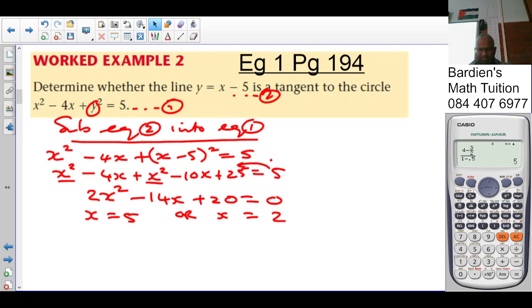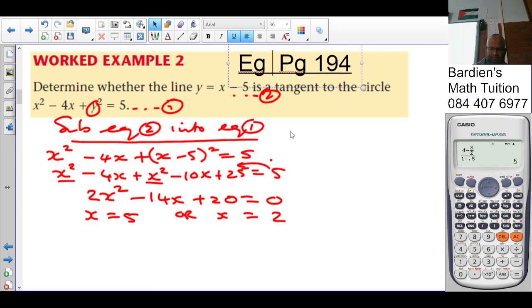Let's look at worked example 3. This is on the same page.